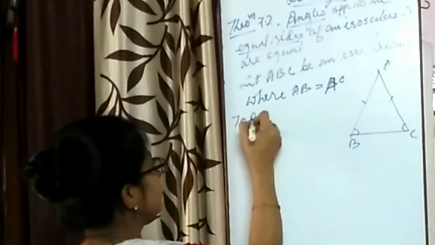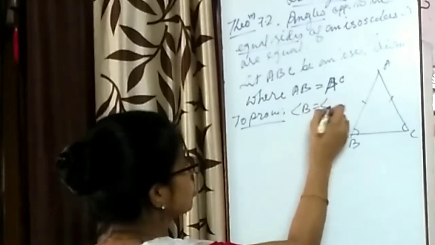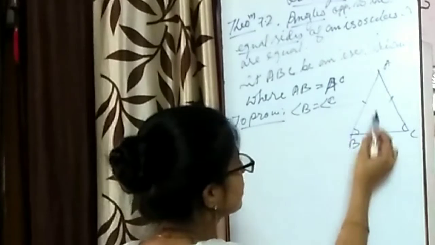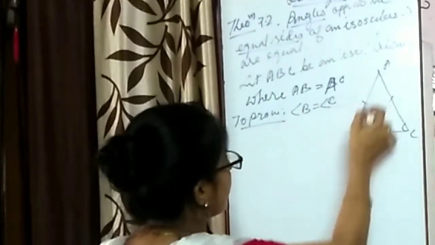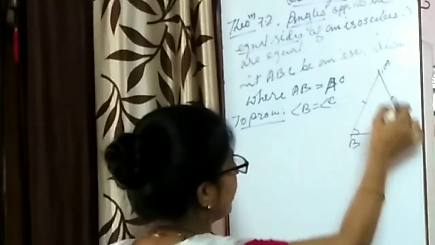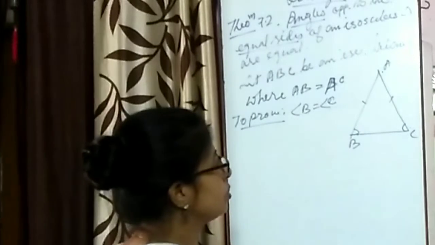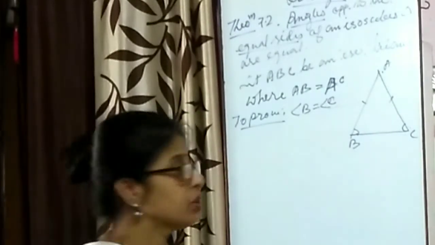To prove angle B equals angle C, these angles are opposite to the sides. AB's opposite angle is C, AC's opposite angle is B. Therefore, to be proved that B is equal to C. So, if you keep it as it is, we can't prove.